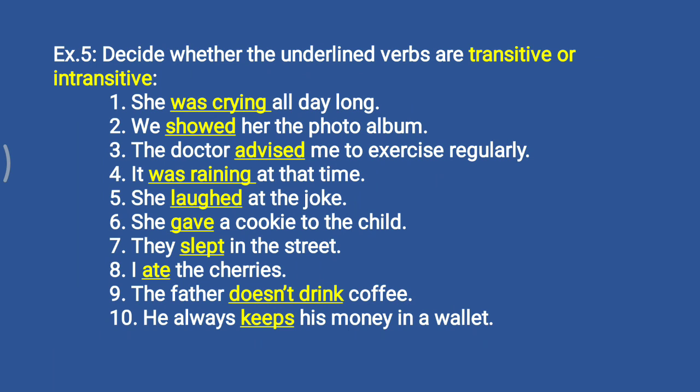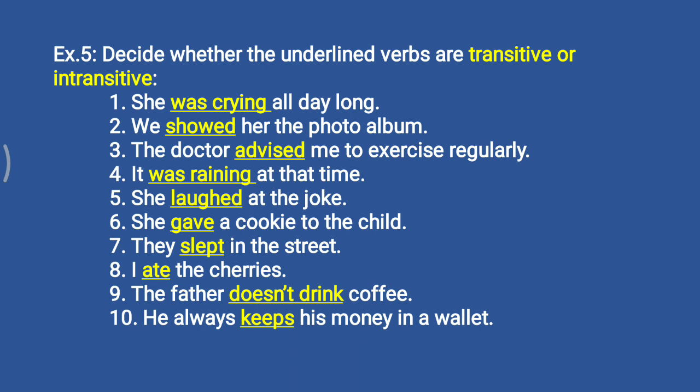Exercise number 5. Decide whether the underlined verbs are transitive or intransitive. As we have discussed, a transitive verb is one which transfers its action to an object, and intransitive verbs express an action but do not require an object to make complete sense.